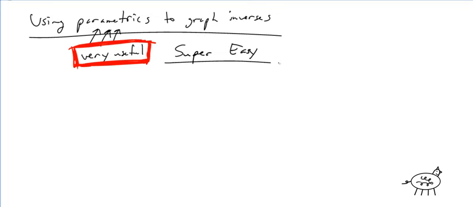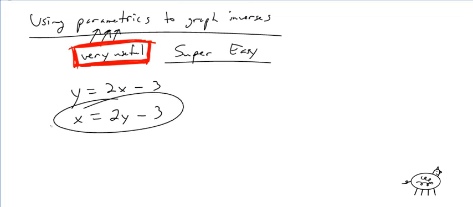Okay, so this is the deal. I have y is equal to 2x minus 3, and I want to find the inverse of that. So truly what I'm doing is I'm swapping, and I'm saying x equals 2y minus 3, right? But I can solve for it and everything, and it's pretty easy to do, right?